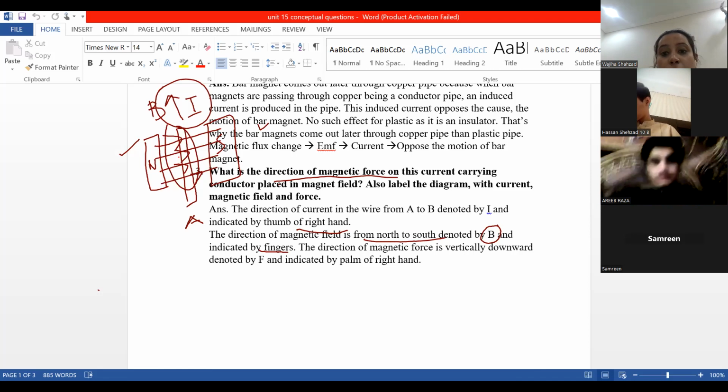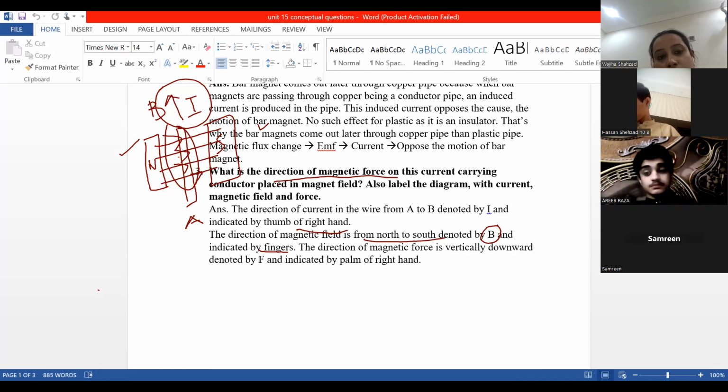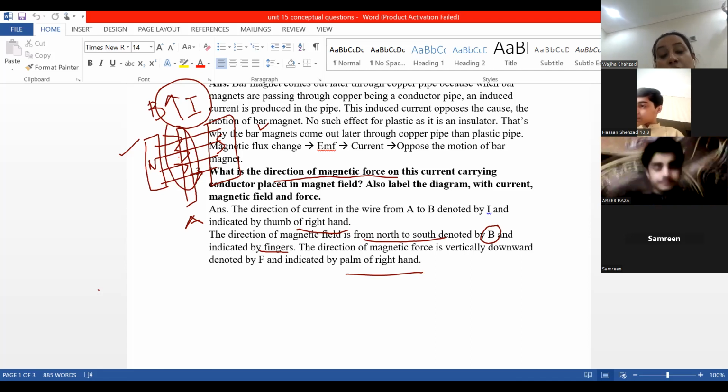The direction of magnetic force is up. Now here the direction of current is upward. The direction of magnetic field is from north to south. So what about the direction of magnetic force? The direction of magnetic force is vertically downward, denoted by F and indicated by the palm of the right hand rule, right? So we can say that the direction of force is always opposite to the direction of the current.